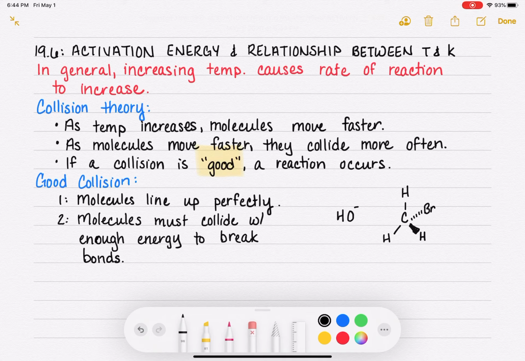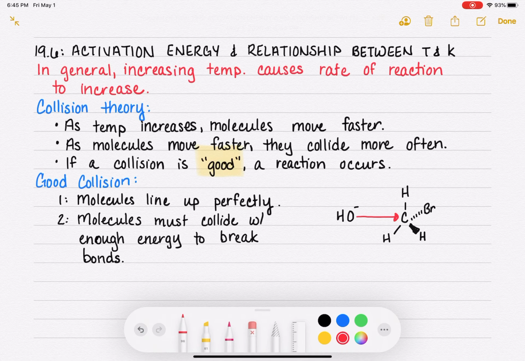In this reaction, the oxygen of the hydroxide ion has to bump into the carbon atom. It can't collide anywhere else. It can't bump into the hydrogens. It can't bump into the bromine. Those are all wrong. It has to hit the carbon, and it also has to hit the carbon exactly opposite of the bromine. If you imagine carbon as a sphere with the bromine hanging off of it, the oxygen has to hit the carbon on the total opposite side of the bromine.